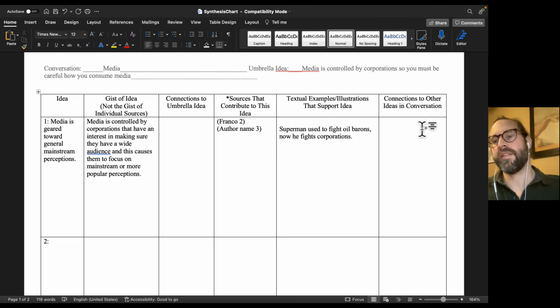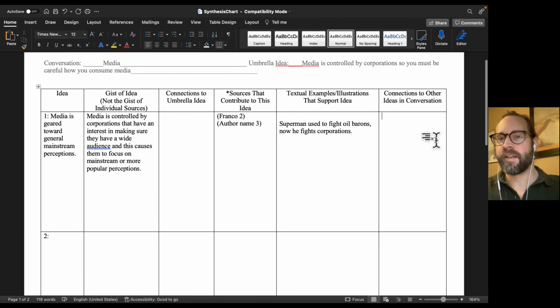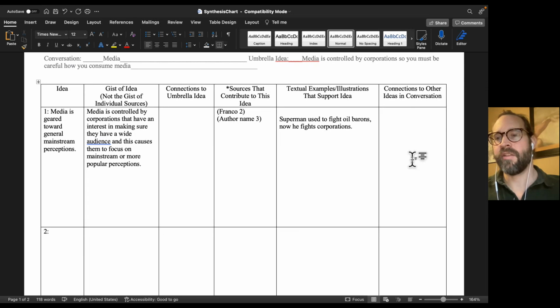This is helpful because it forces you to think about how this idea, media being geared towards general mainstream perceptions, comes up in other conversations. That will help you synthesize your ideas as you go forward.